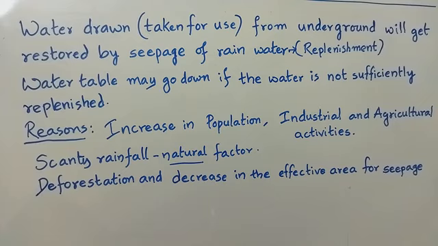So you are using the underground water at a particular rate. If at the same rate the water table is not replenished, if the water is not sufficiently replenished, then the water table may go down.